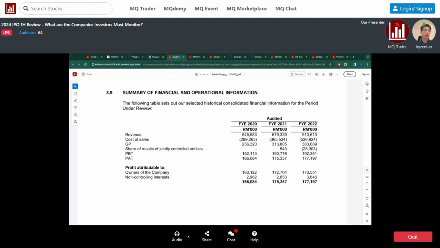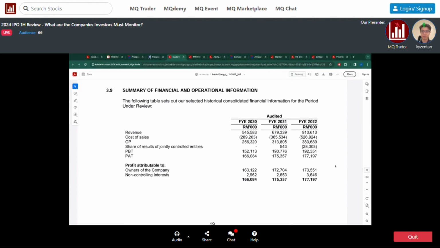For Leader Energy, I think they sign with the National Energy Company in Cambodia as well, so they sell the electricity back to them. That one usually has a recurring revenue base. That is why companies that have a PPA normally have a higher valuation, because they have more predictable income going forward. Predictability is very important for a lot of investors.